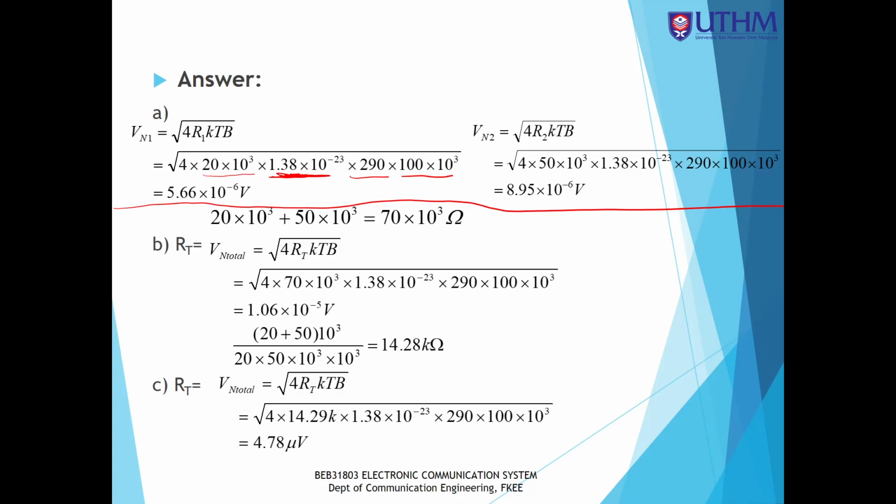And then for the second resistor, the square root of 4R2 KTB, square root of 4 multiplied with the resistance 50K, Boltzmann constant multiplied with the room temperature multiplied with the bandwidth. So you get 8.95 times 10 power of minus 6 volt.